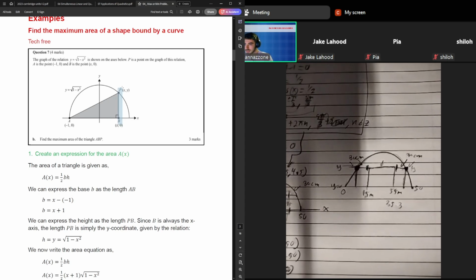So if x is here, the height will be that. If x is here, the height will be that. It basically just intersects the curve there. Which one is likely to give the maximum area? If I put my height here, or if I put my height here?